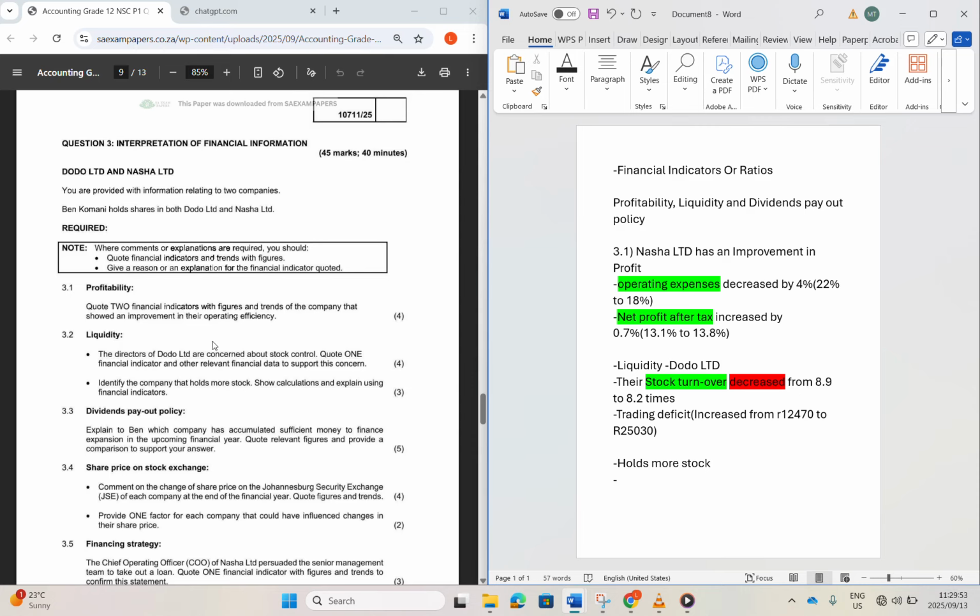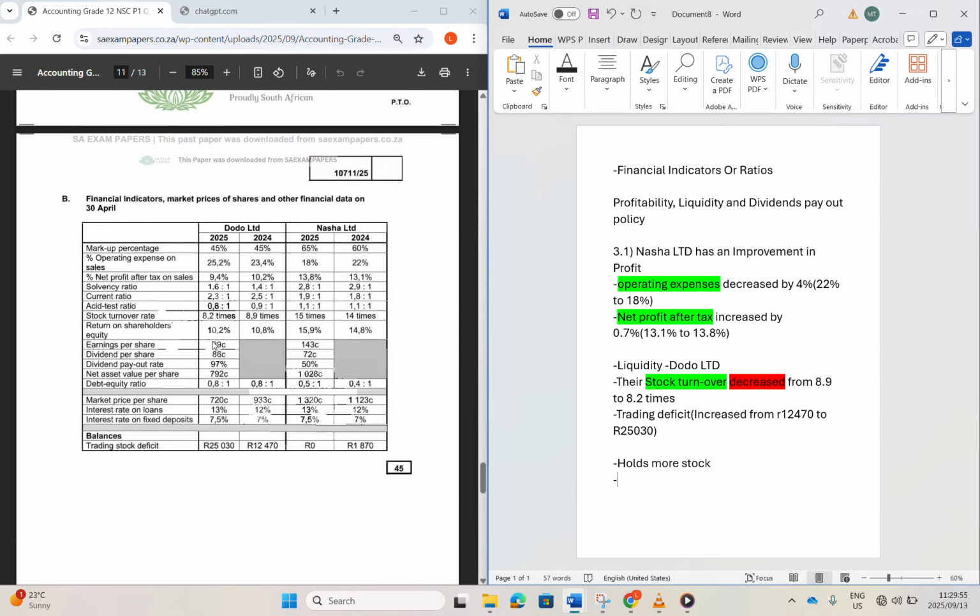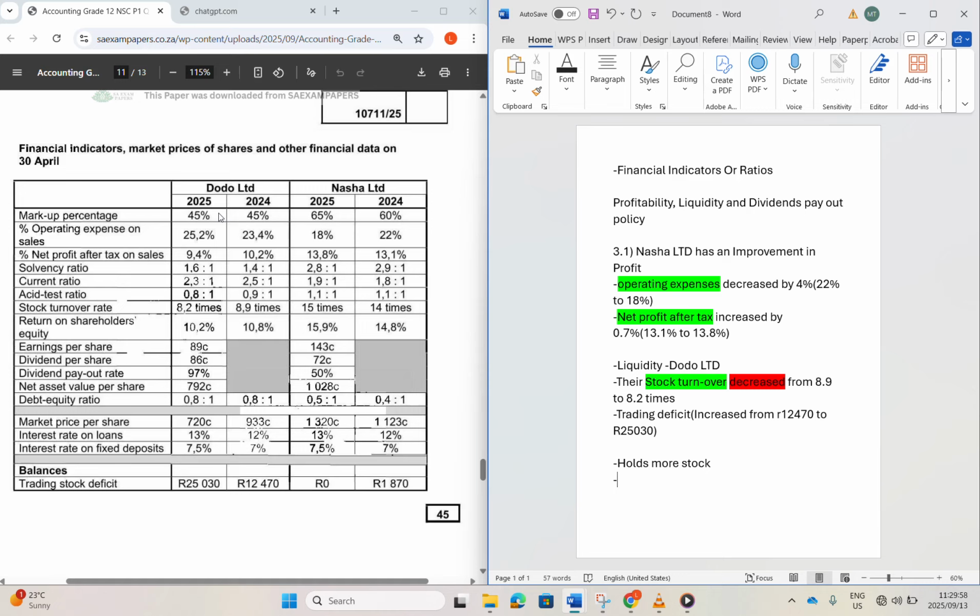So let's first go through our information. This one changed the stock 14, then the acid test ratio remained the same. The current ratio, this one is 1,8, 1,3. So we want the company that holds more stock.